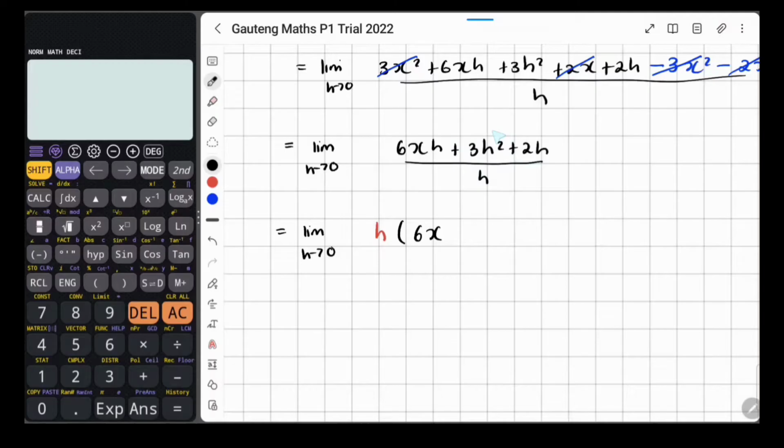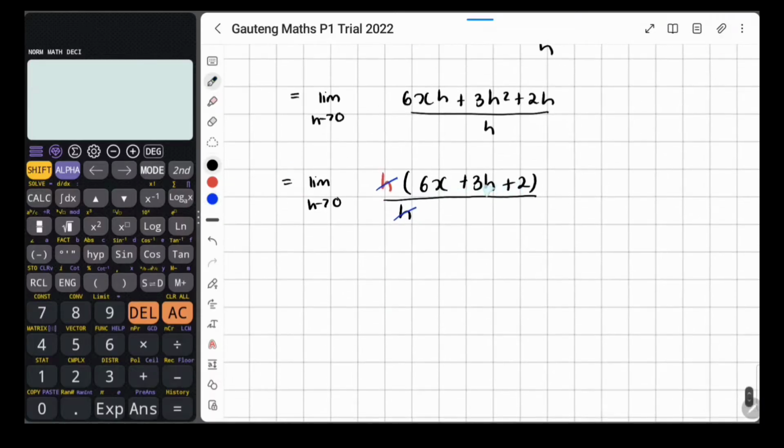And then this second term plus 3h squared divided by h, one of the h's would cancel and you're left with positive 3h. And then the positive 2h divided by the h is gone and you just have a positive 2 all over an h. Then your h's cancel and you are left with this.